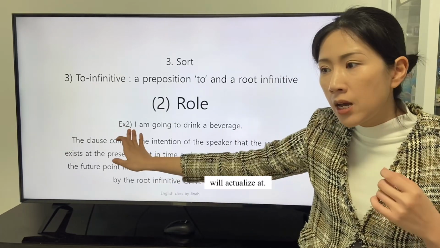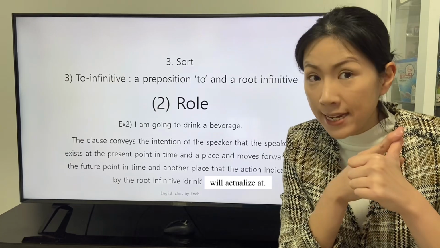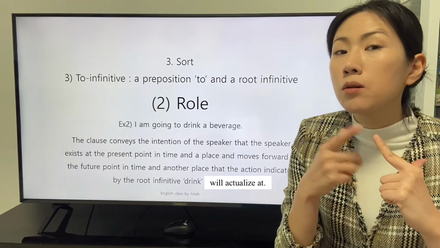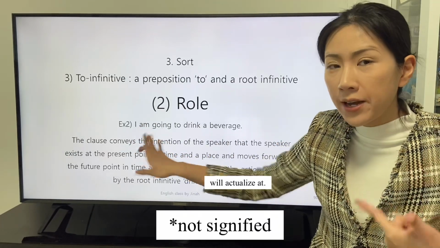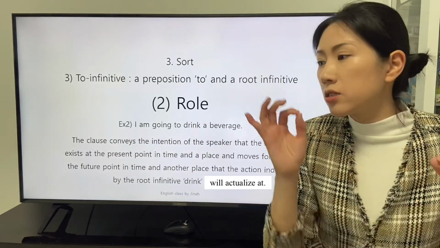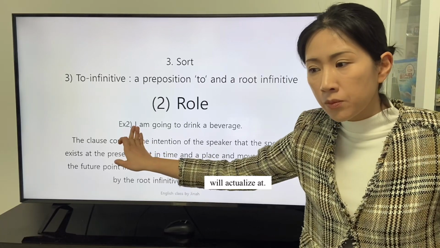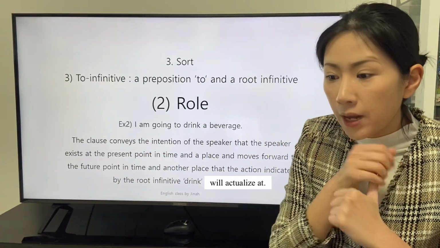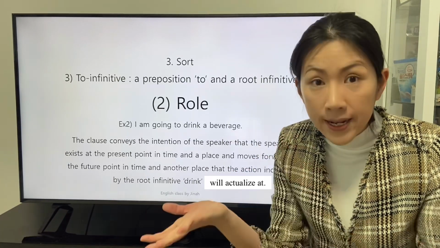The speaker who is at present and a specific place that are not in this clause because the existence of the subject is on the premise that the subject exists at a specific point in time and a place.